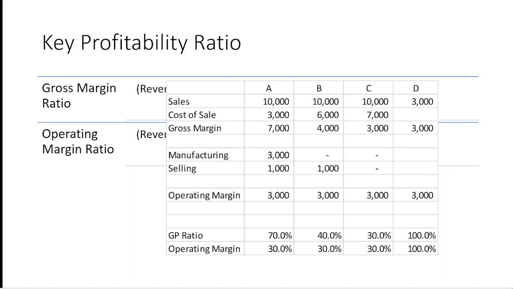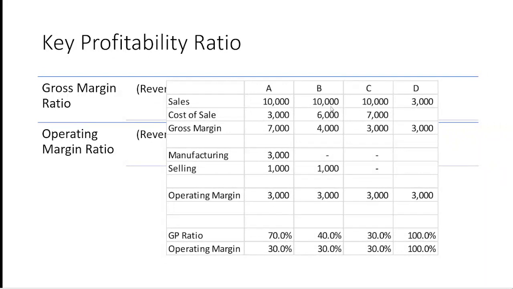Company A, a hypothetical example, is going to produce their own goods. They are going to market themselves, so their cost of sale is 3,000, gross margin is 77,000, then the gross profit margin is 70%, operating margin is 30%.